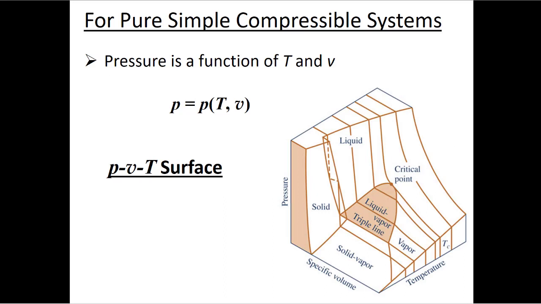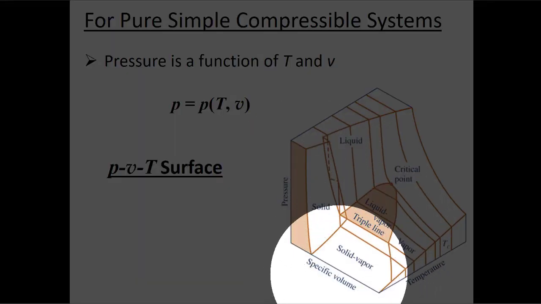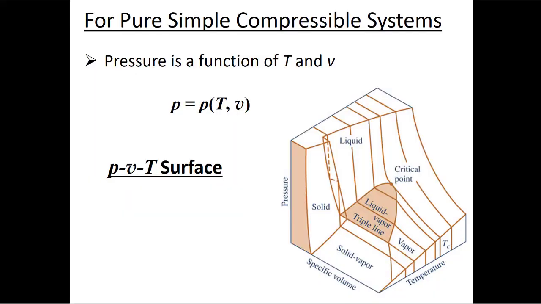So we talked about pressure versus volume curves, but really you can plot the state of any material on this three-dimensional graph where you have pressure, specific volume, and temperature. So you have this three-dimensional space where you can find any state. So this is a PVT surface.